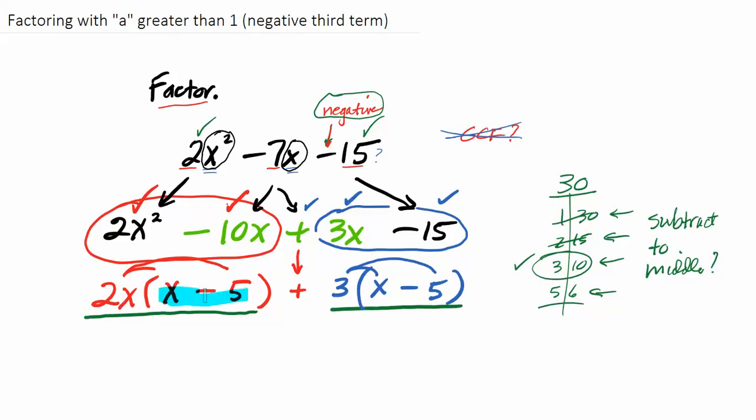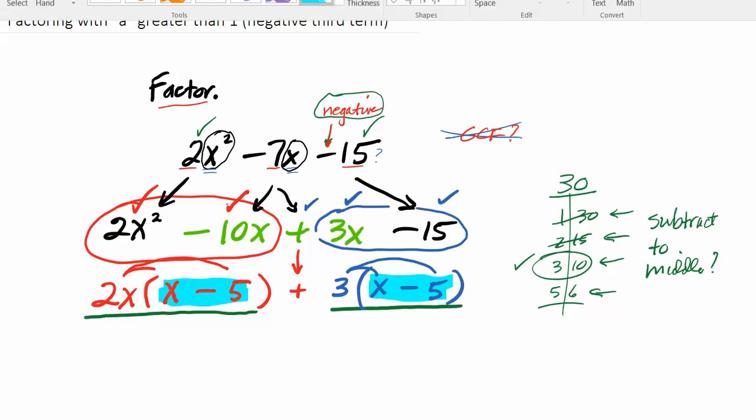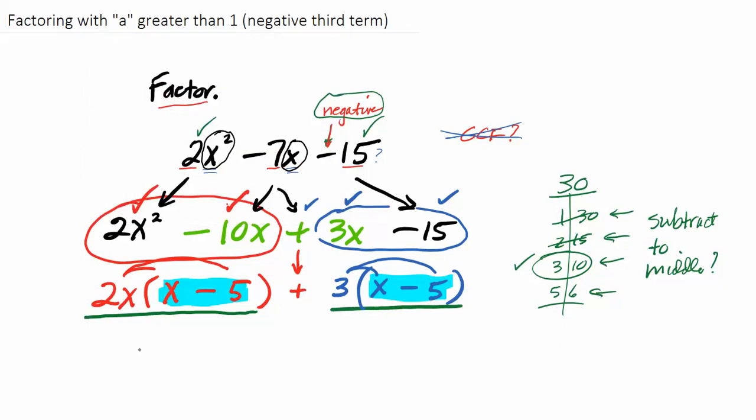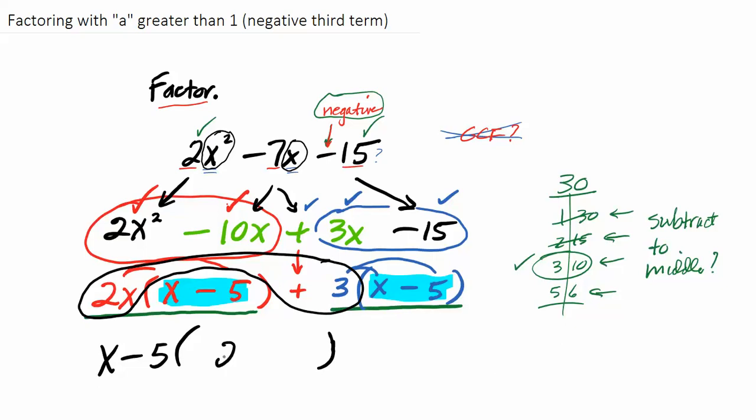This right here is a common factor. I'm going to pull the common factor to the front. And I'm going to look to see what is remaining. Well, what's remaining is the 2x plus 3. Isn't that easy?